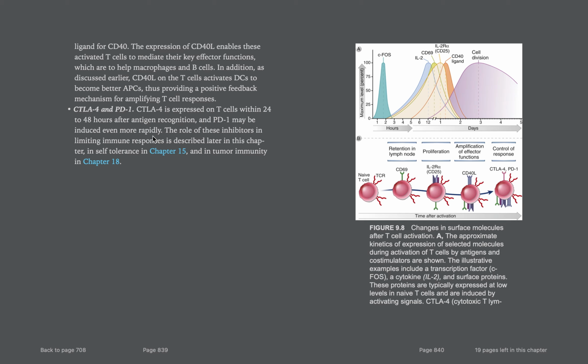The expression of CD40 ligand enables these activated T cells to mediate their effector function, which is to help macrophages and B cells. In addition, as discussed earlier, CD40 ligand on T cells activates the dendritic cell to become a better antigen presenting cell, thus providing a positive feedback mechanism for amplifying the T cell response.